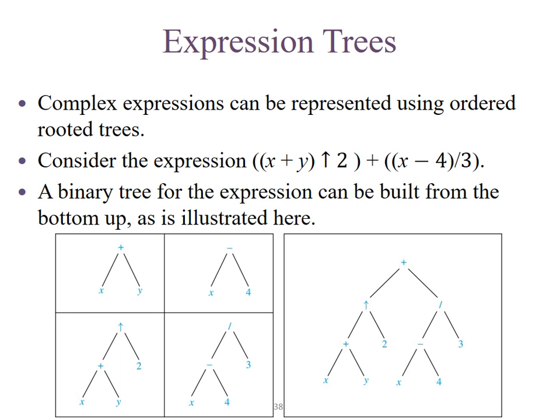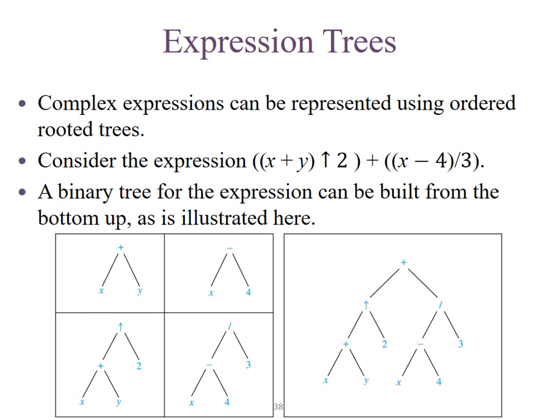And then we have the result of x plus y arrow 2. Now we have two operands and one operator, arrow. So we put arrow in the root of the tree, the result of x plus y as the left subtree, and 2 as the right child.